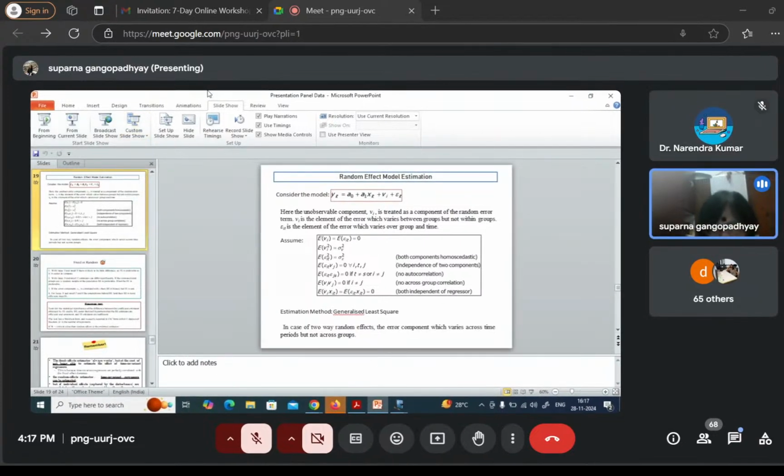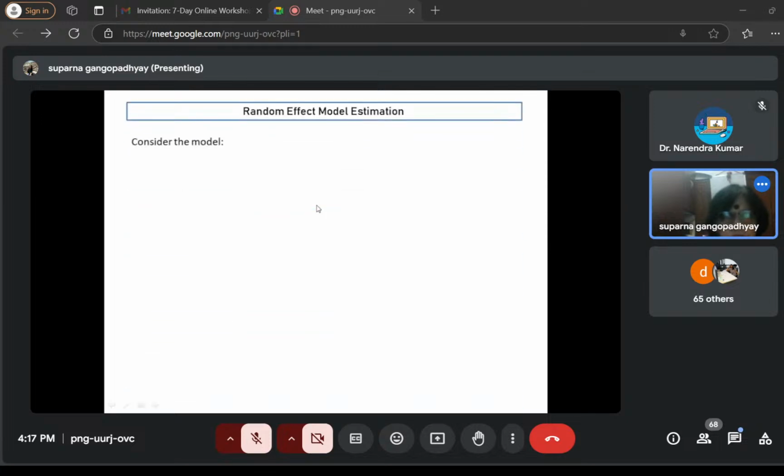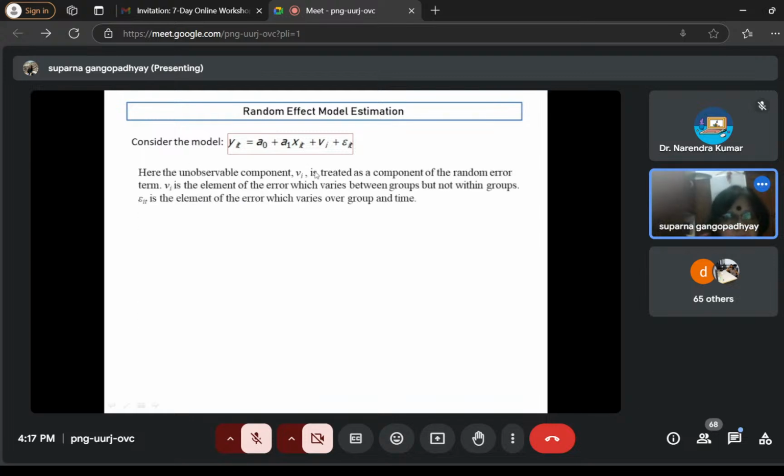So then I will move on to the random effect model. Let us consider this model. Yit equal to alpha 0 plus alpha 1 xit plus vi plus epsilon it. Clear? And this vi is a component which is unobservable. Clear?